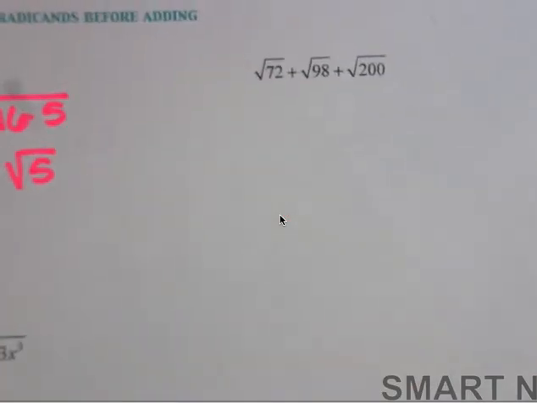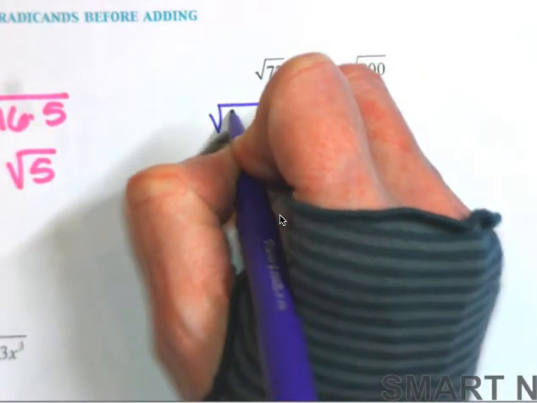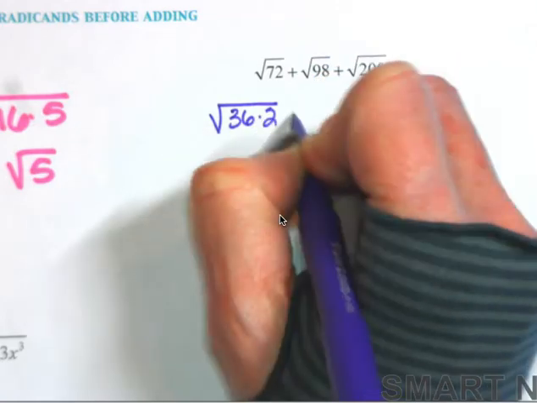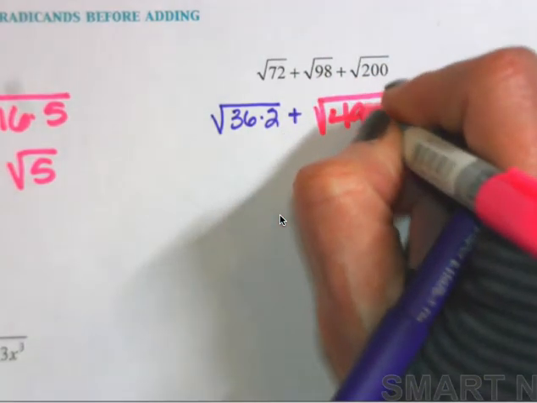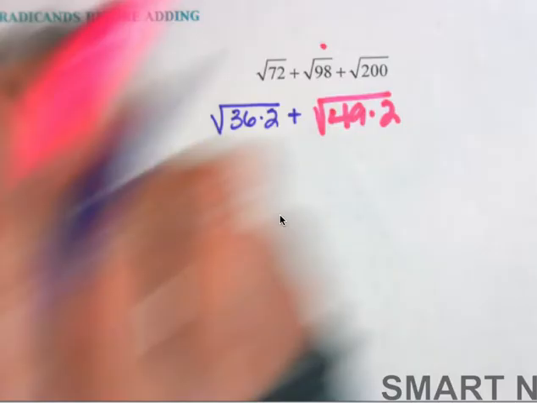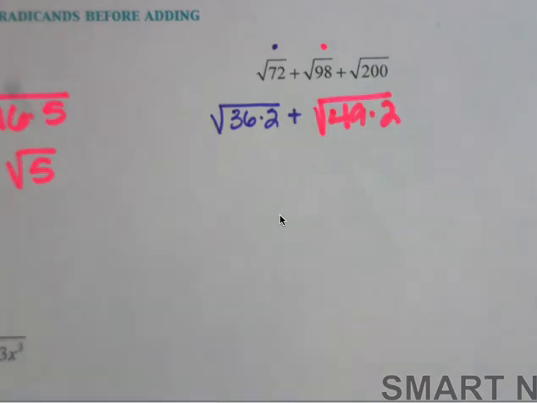Let's look at the next problem where I have 3 terms together. So here I'll color code this as well. I'll do radical 72 first, so that's going to be 36 times 2, and I'm going to add that to radical 98, which is 49 times 2, so that's in pink, this one's in purple, and I'll do this last one in orange.